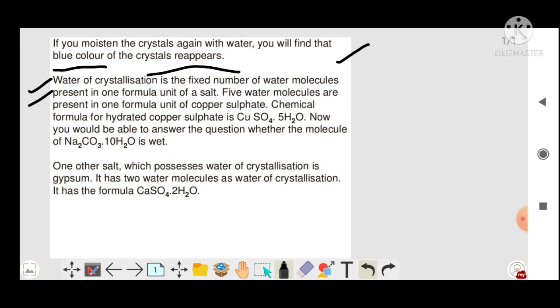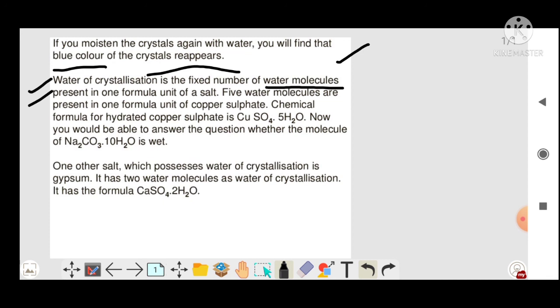Water of crystallization is a fixed number of water molecules present in one formula unit of a salt. Five water molecules are present in one formula unit of copper sulfate.